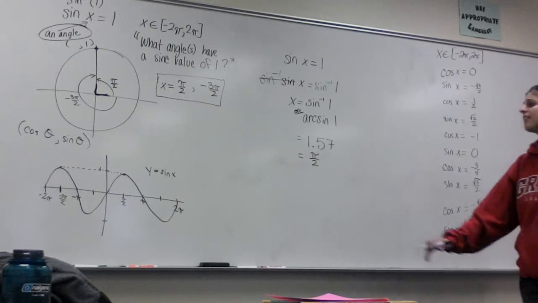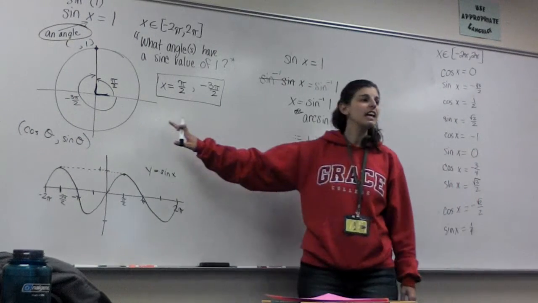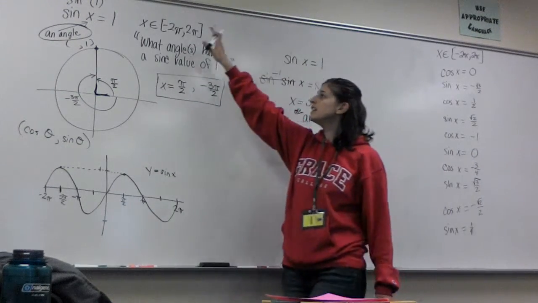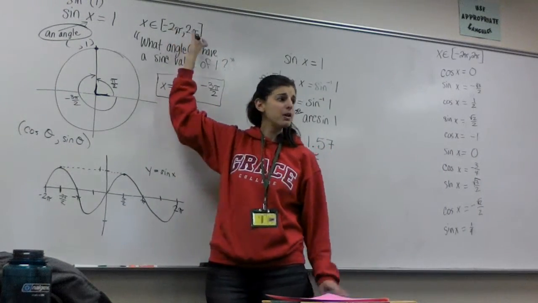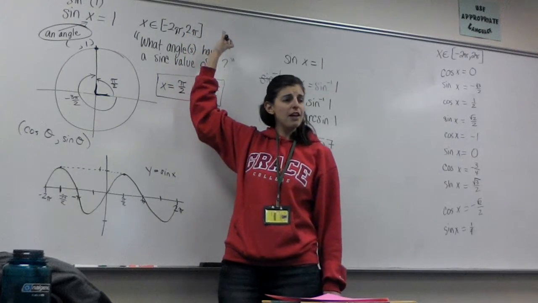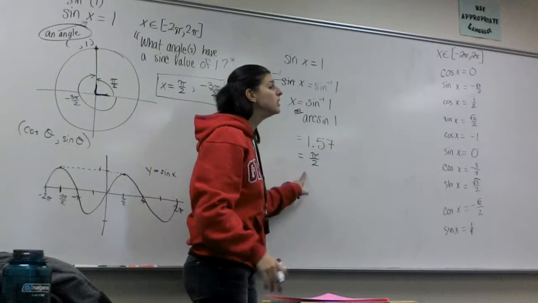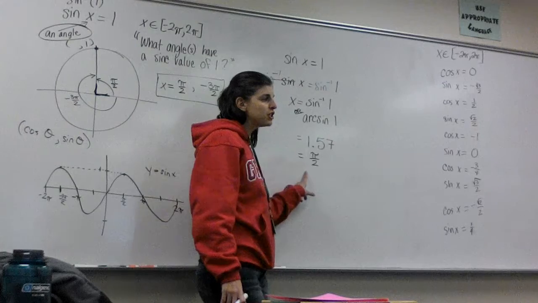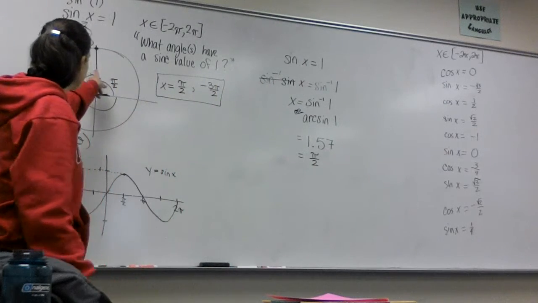So you still then have to think about the unit circle and say, if I'm supposed to be on the interval -2 pi to 2 pi, which they'll tell you what interval you need to be on, is this the only solution? And it's rare that it is. So pi over 2 is only the first solution.